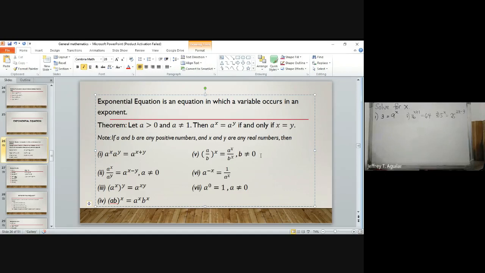How about the fifth property? This is the quantity of A over B raised to the power of x equals A to the x over B to the x, where B should not be equal to 0.